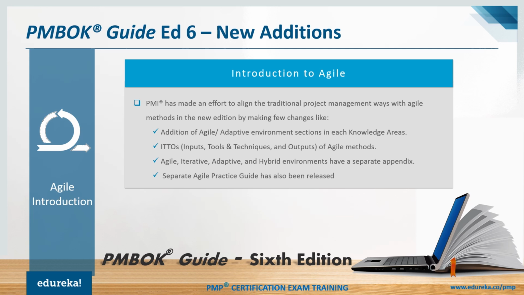Another important point to note is that this Agile Practice Guide is also very useful when you are appearing for the PMI ACP examination. So if you are into agile and have relevant experience, and aspire to become a PMI ACP, which is Agile Certified Practitioner, the Agile Practice Guide will be very useful.